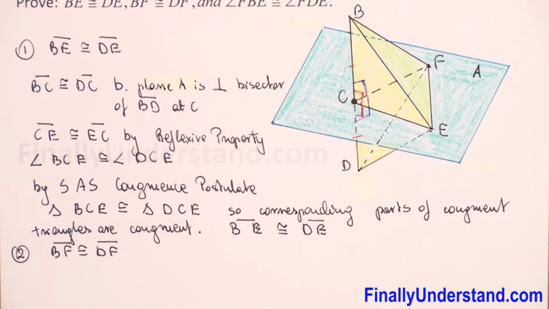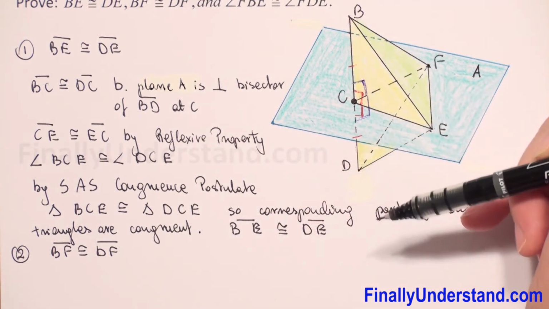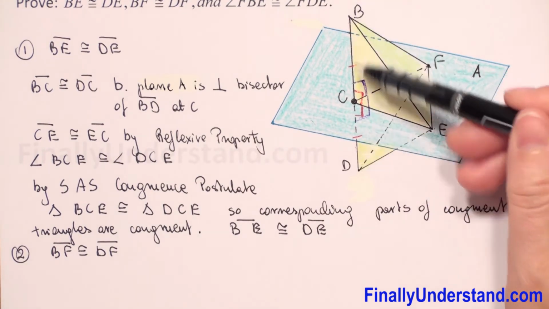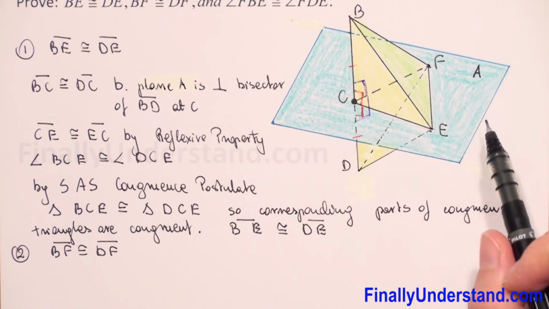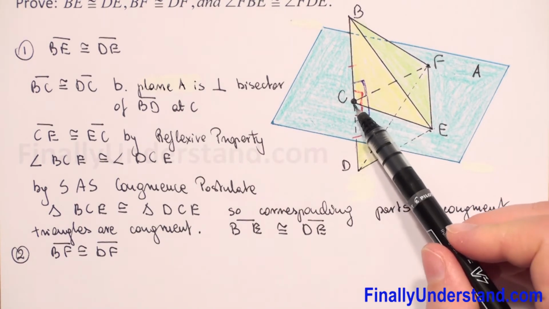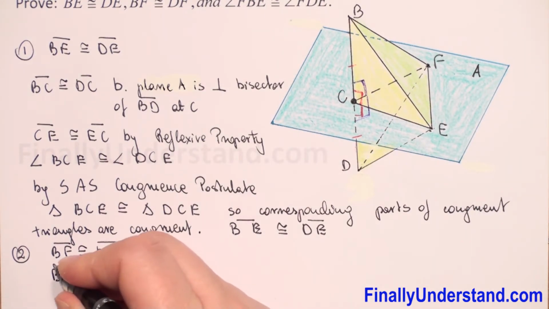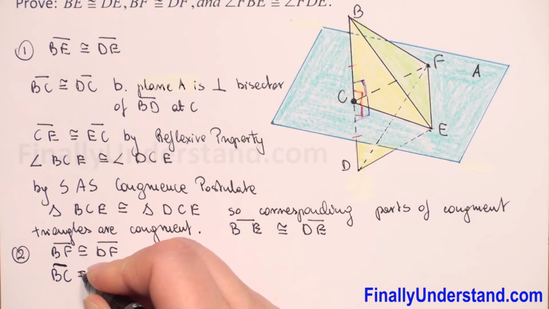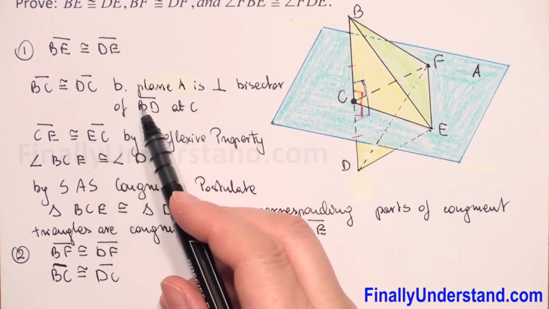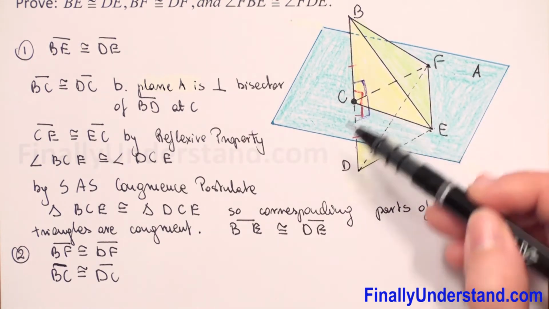What else? Point C is the midpoint of BD, because plane A is the perpendicular bisector of BD segment at point C. So BC segment is congruent to DC segment, like we wrote before.